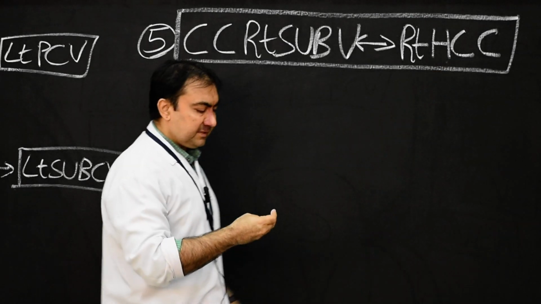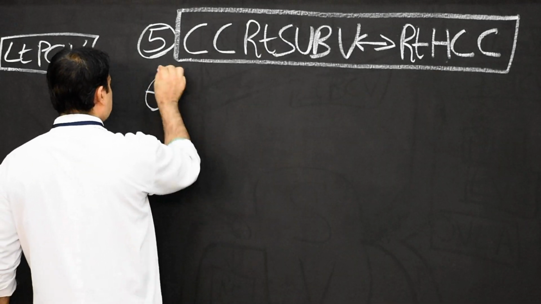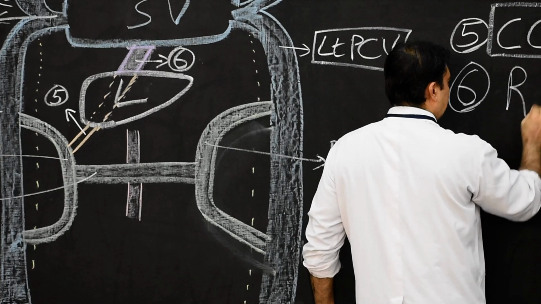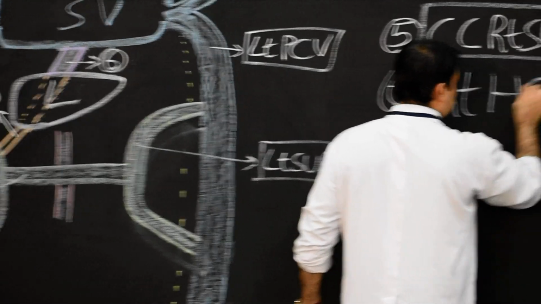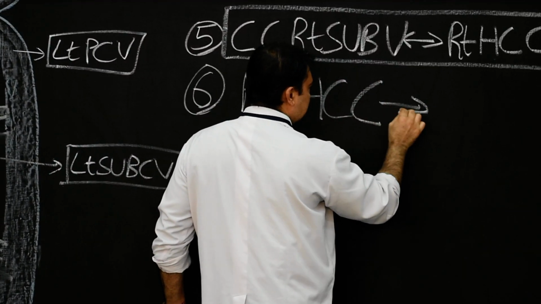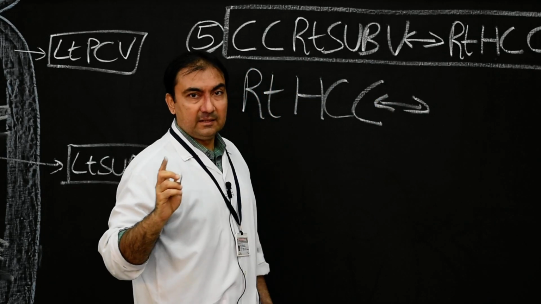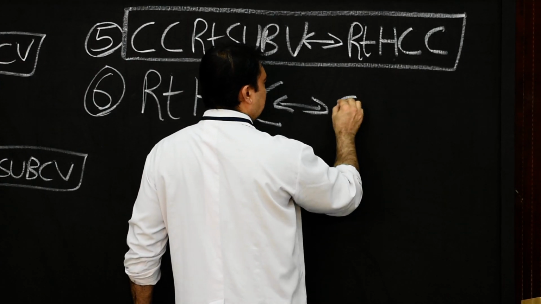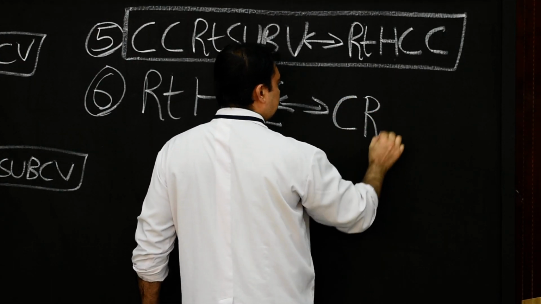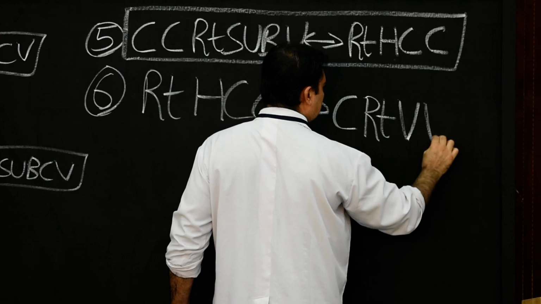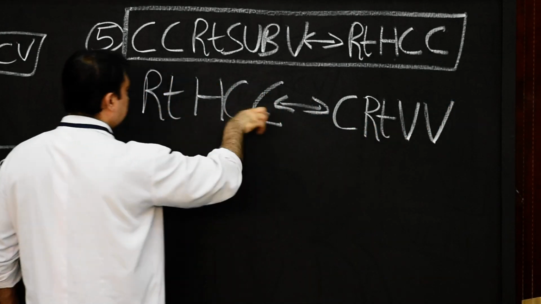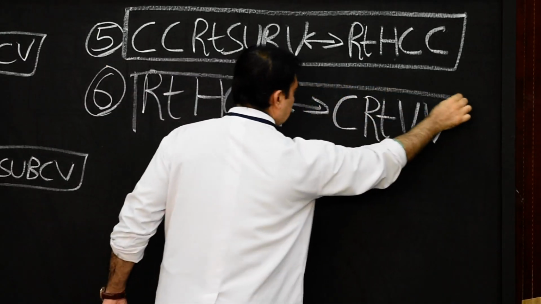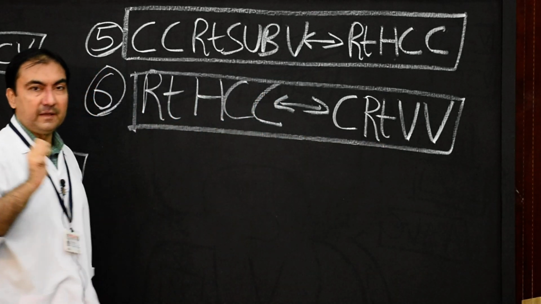What was segment number 6? Segment number 6 was the right hepatocardiac channel, which, if you recollect, is also known as the most cranial part of the right vitelline vein. This we have already seen during the development of the portal vein.